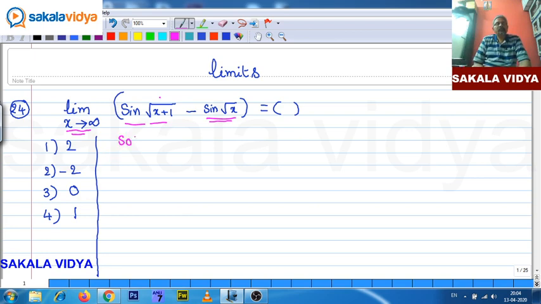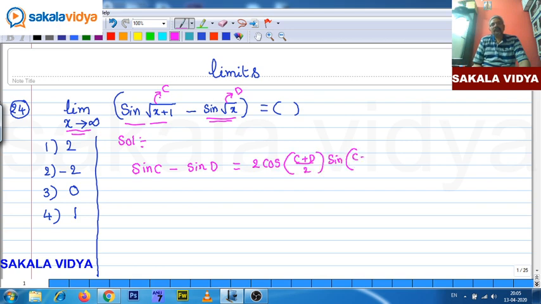Let us say this is C, this is D. What is the sin C minus sin D formula? Sin C minus sin D equals 2 cos of (C plus D) by 2 and sin of (C minus D) by 2.